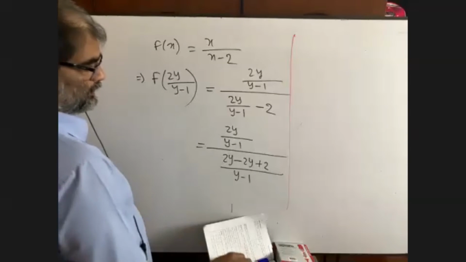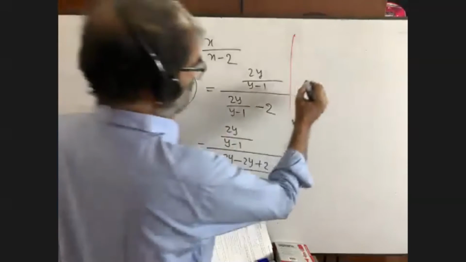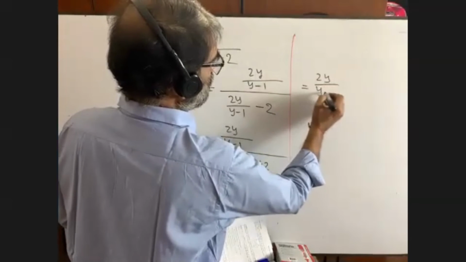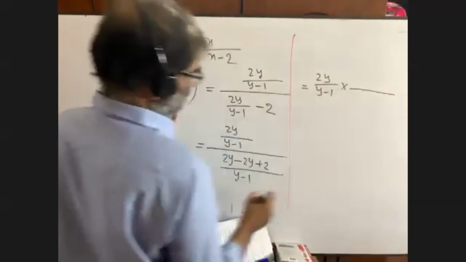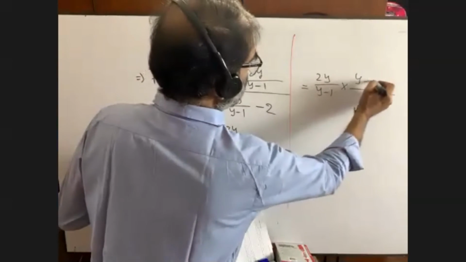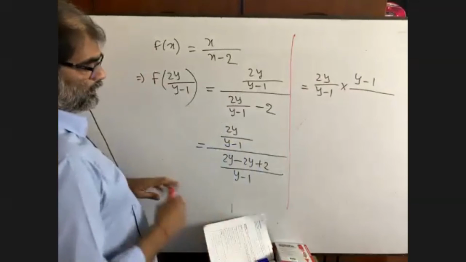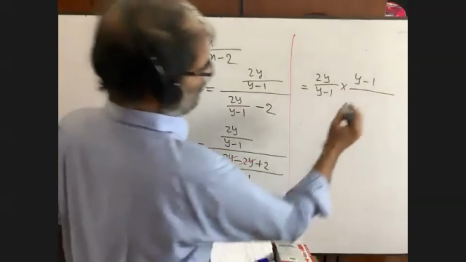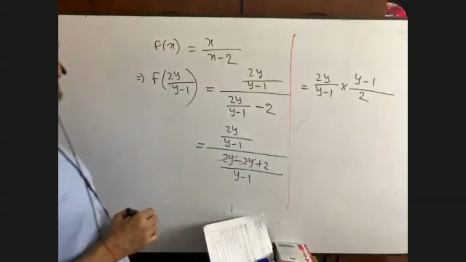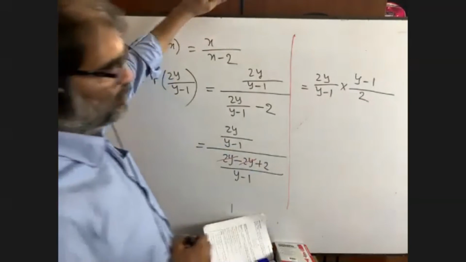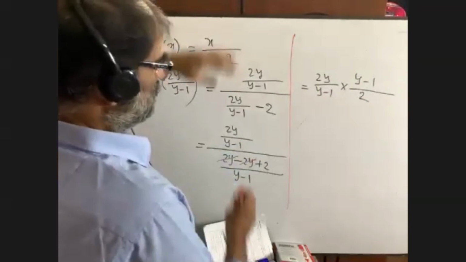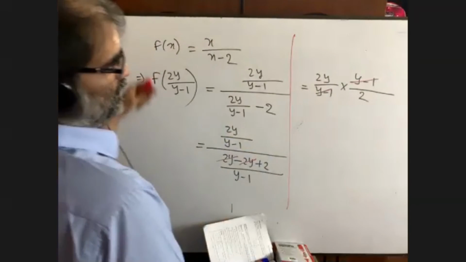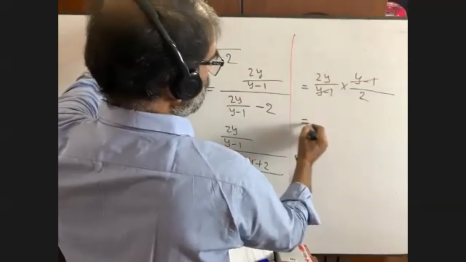You see, it is 2y by y minus 1 into y minus 1. And we see this will be omitted. So we are left with only 2 here, right? Now, if we go for calculating, this will be omitted, and this 2 will be omitted, and we are left with y.